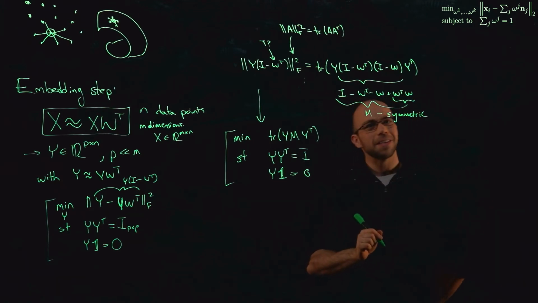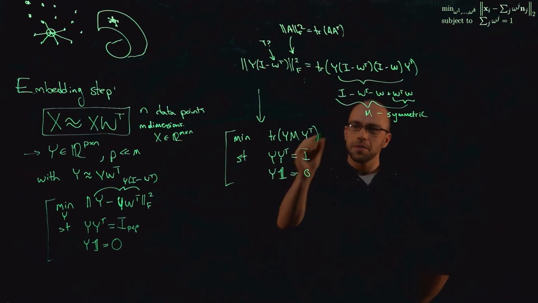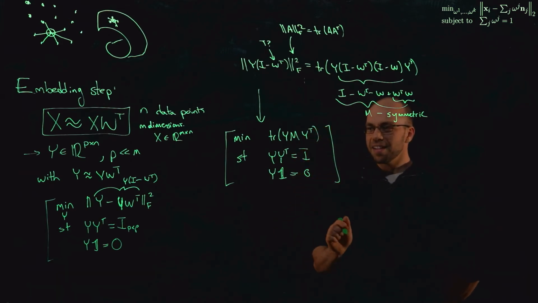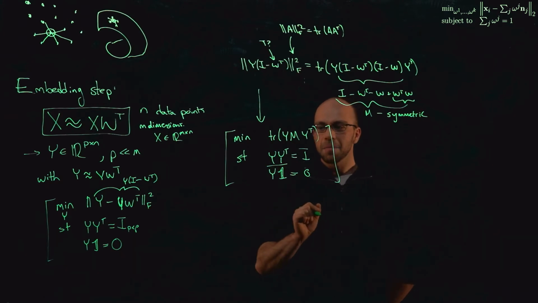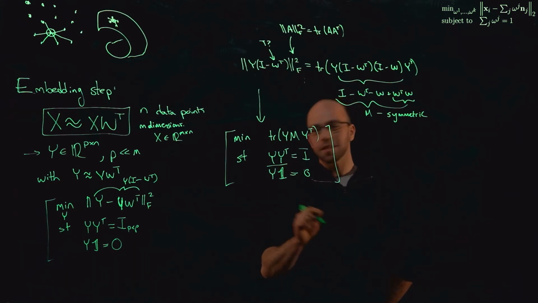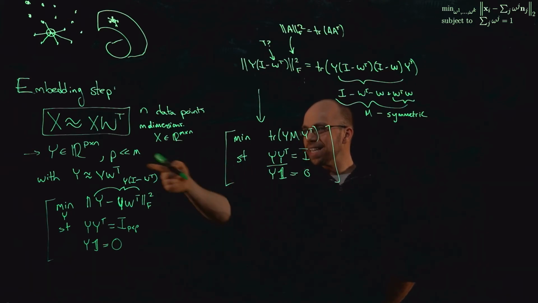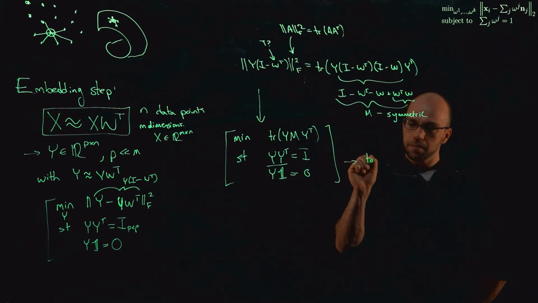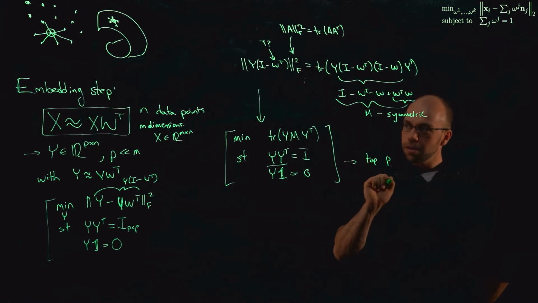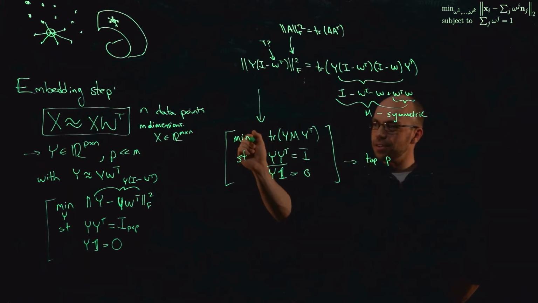And essentially, because M is a symmetric matrix, what you're going to find if you work through the optimality conditions is that the way I obtain my matrix Y here is as the matrix of the top P eigenvectors of M. Or I'm sorry, it's not the top P eigenvectors in this case.